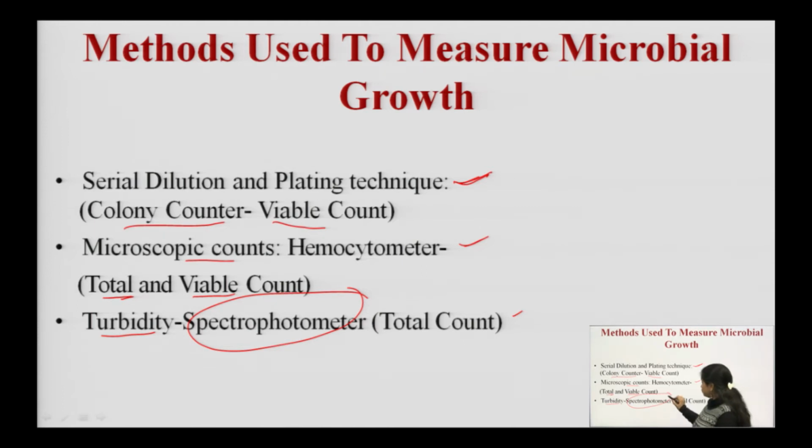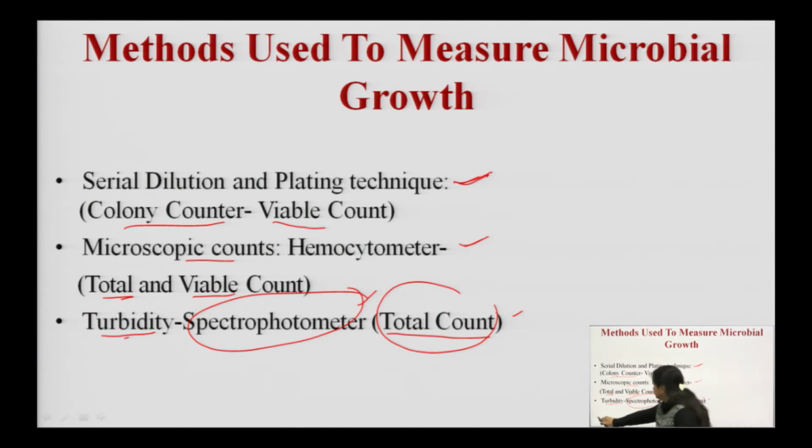Spectrophotometers are used to determine turbidity, and to find out the total count of microorganisms, both living and dead. It gives us the total count. As you can see, serial dilution gives us just the viable count. The microscopic technique gives us the total as well as the viable count, whereas turbidity techniques give us just the total count.